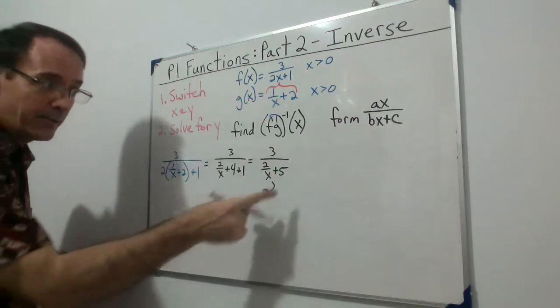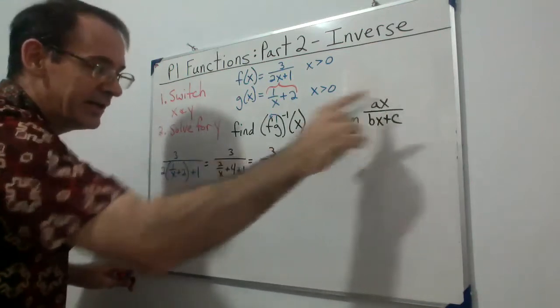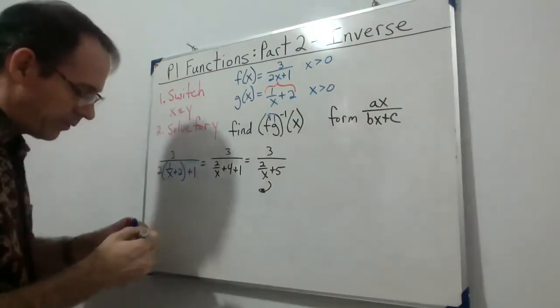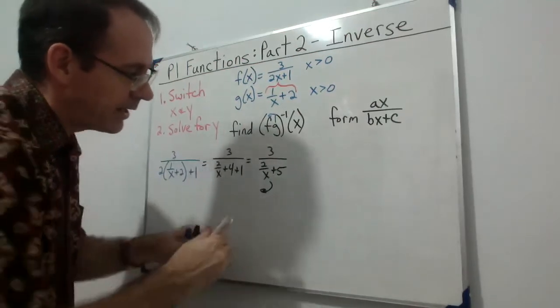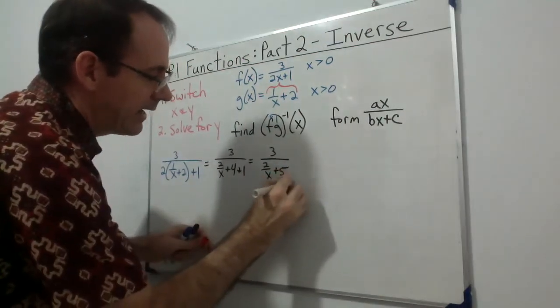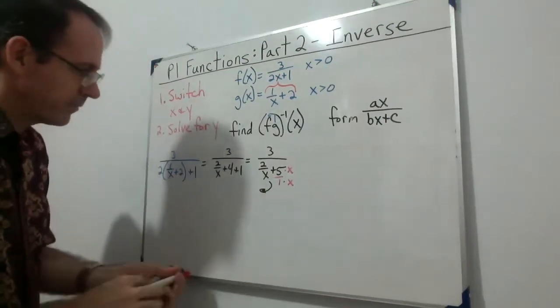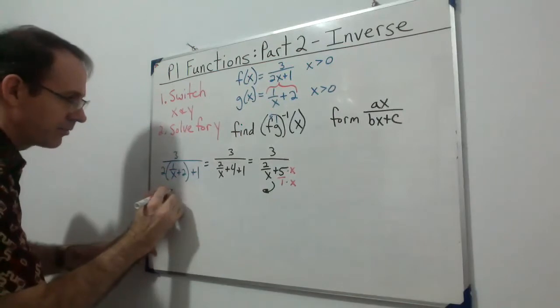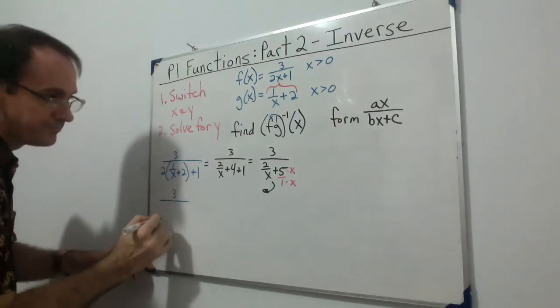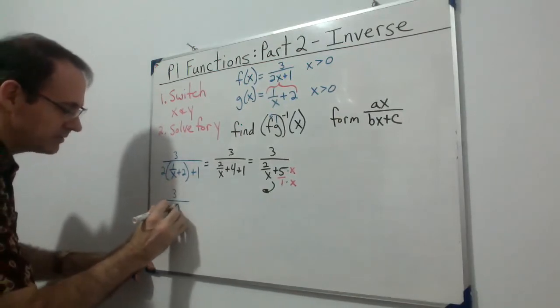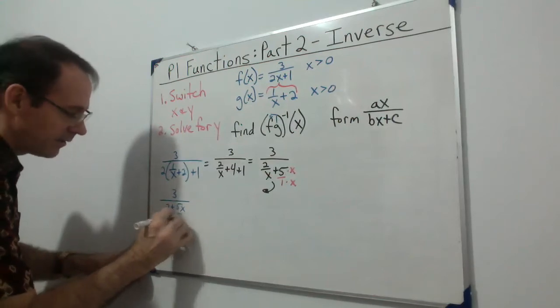Come back down this way. And remember, we have a complex fraction. We wanted it in this form. So we're going to multiply top and bottom by x so that we can get a common denominator. That gives us 3 over 2 plus 5x all over x.